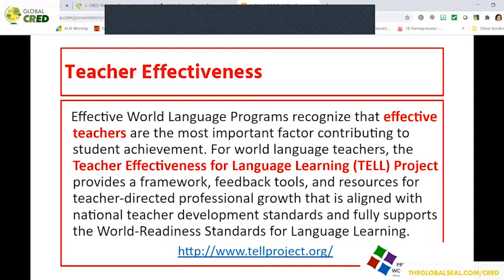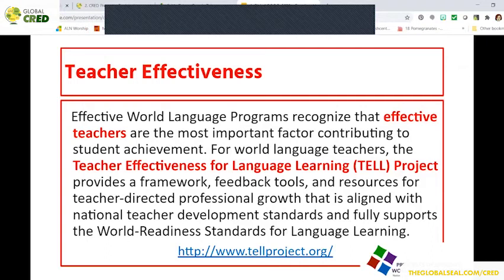I use the feedback tools to provide feedback and to help with growth for our teachers, to help them set goals. And the resources that are there will help teachers who want to set their own goals. It's really a phenomenal suite of tools.